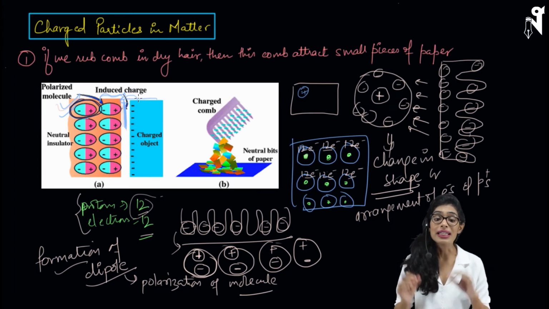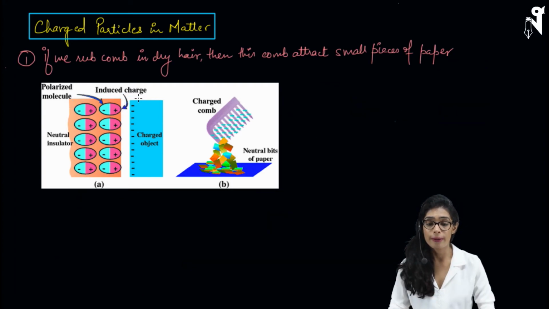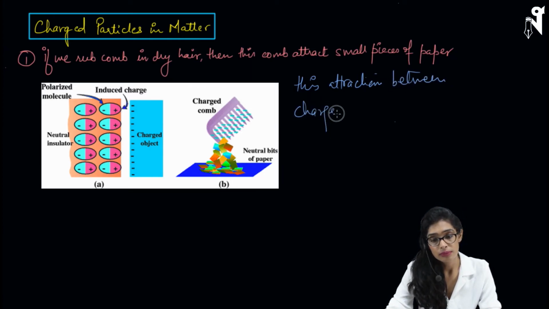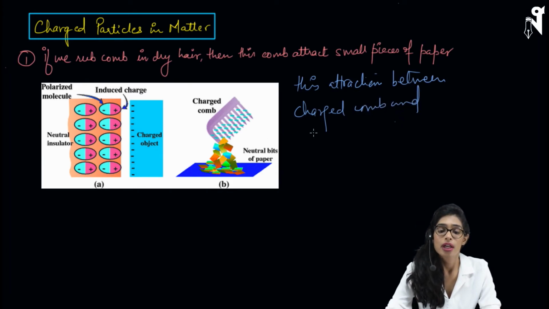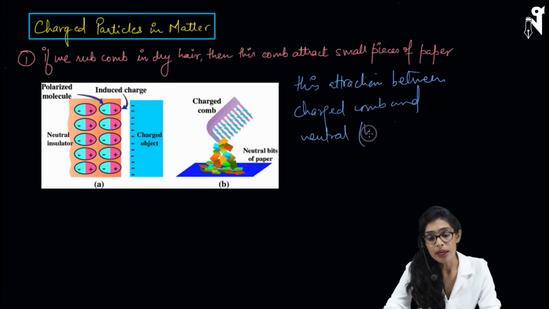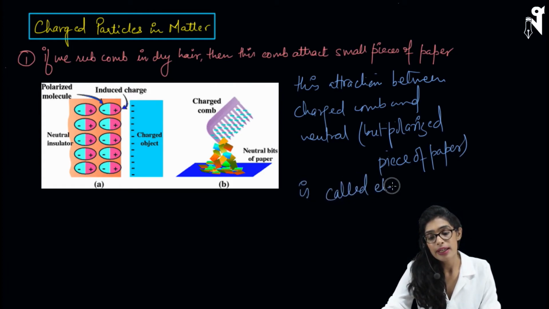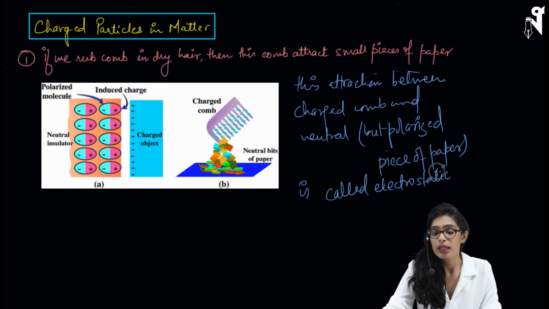This kind of attraction between charged comb and neutral but polarized piece of paper is called electrostatic force of attraction.